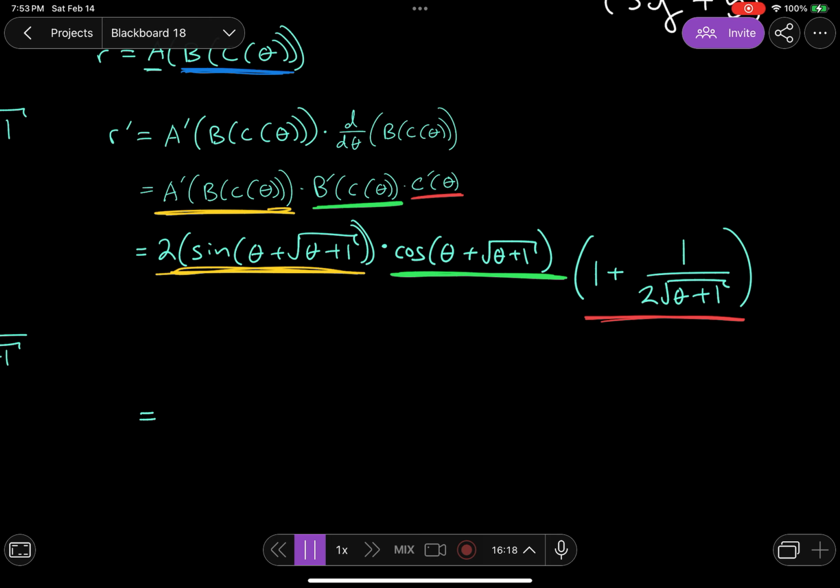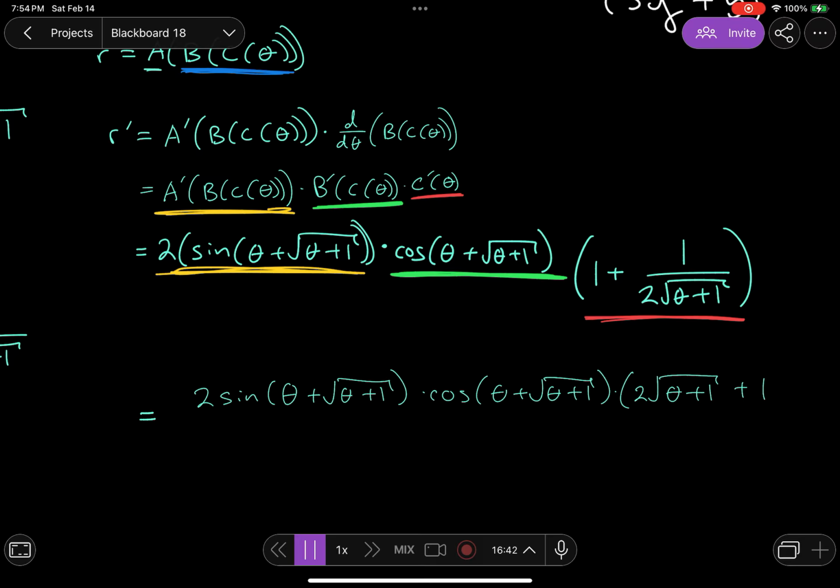Yeah, maybe. 2 times sine of theta plus root theta plus 1 times the cosine of theta plus root theta plus 1 times 2 root theta plus 1, all divided by 2.